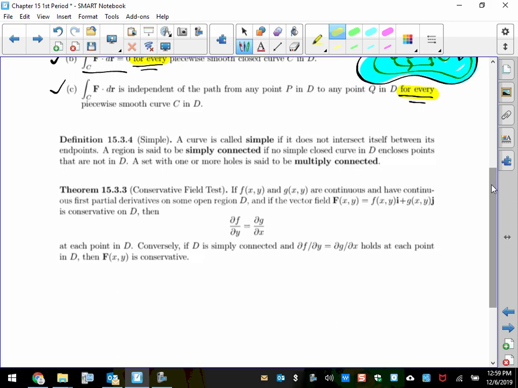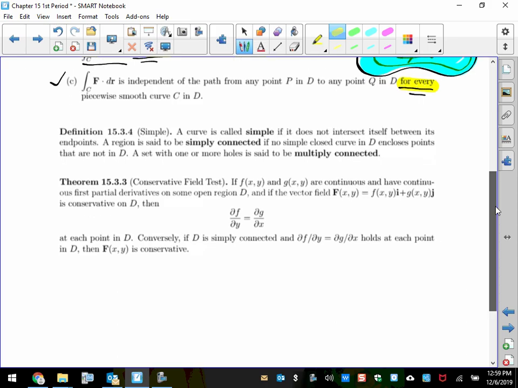A lot of these words we use in everyday conversation, but here it says a curve that is simple does not intersect itself between its endpoints, and its region is said to be simply connected if there is no simple closed curve in D that encloses points that are not in D. A set with one or more holes is said to be multiply connected.